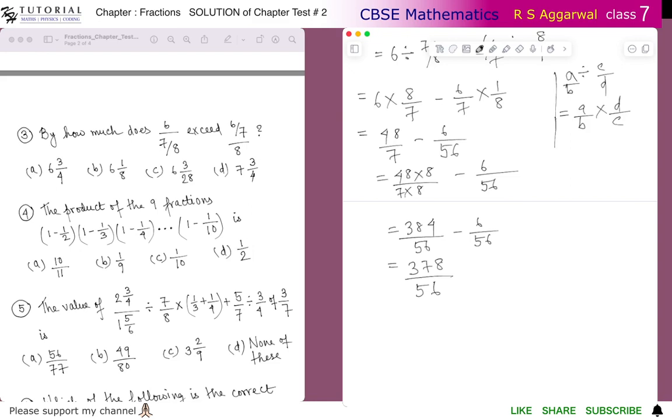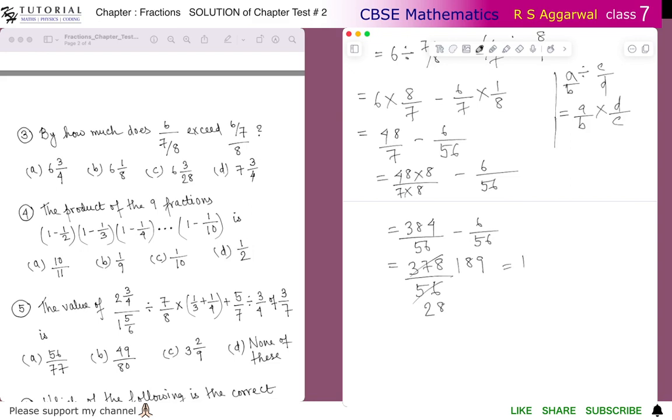Okay, let me check if I did it correctly. Now we can reduce this fraction because it is reducible. If we divide both the numerator and the denominator by 2, we get 189 by 28.